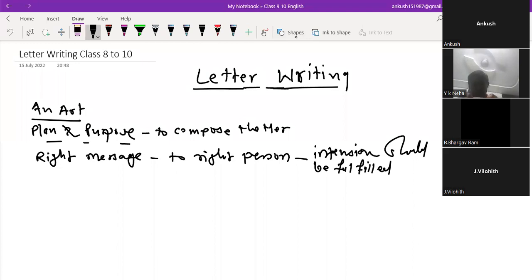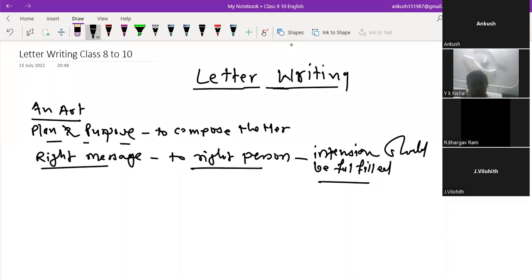Are you getting my point? Whenever you are writing a letter, it should give the right message, it should be written to the right person, and whatever message, purpose or plan you are writing with should be written into the letter properly.